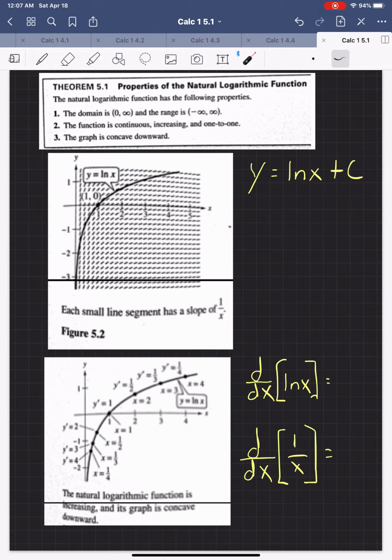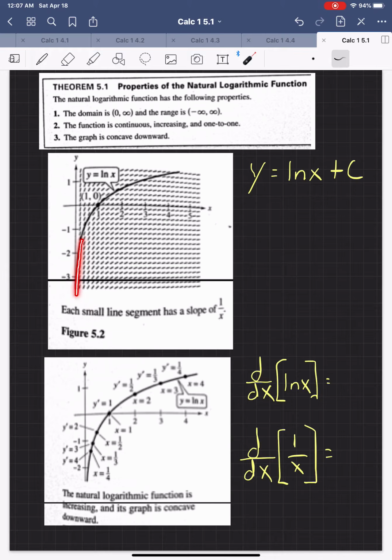Some things to take note of, let's start with the domain. Do you see how your graph never crosses that y-axis, right? In other words, it's never on this side of the y-axis.